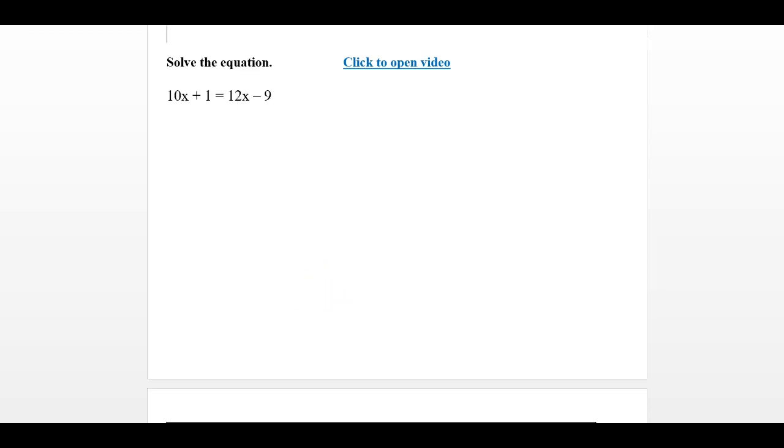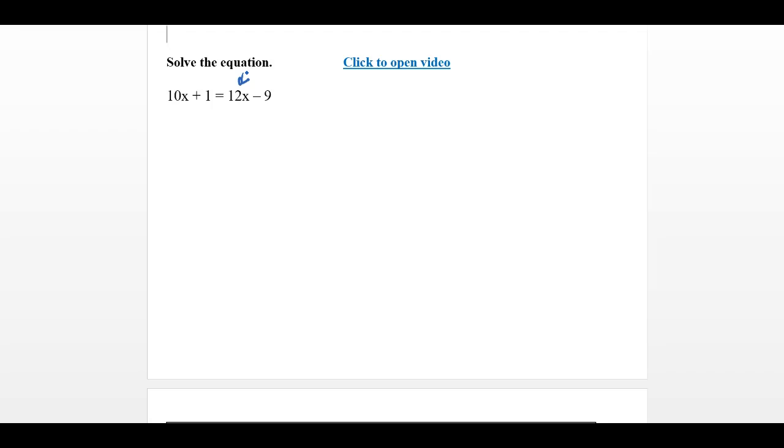Let's look at one more equation. The next equation is an equation that has variable terms on both sides. Here we want to make sure that we eliminate one of the variable terms. So for demonstration purposes, let's focus on eliminating the variable term that is on the right side of the equation.